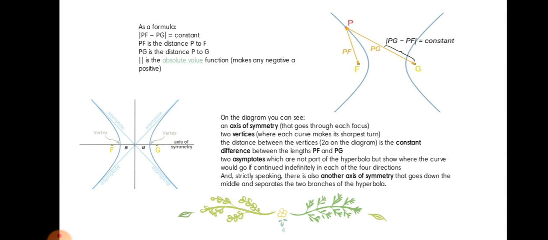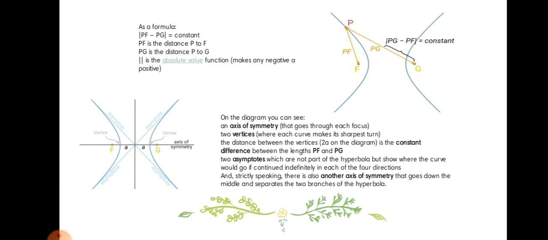On the diagram, on the left side, you can see an axis of symmetry that goes through each focus, and two vertices where each curve makes its sharpest turn. The distance between the vertices, or 2a on the diagram, is the constant difference between the lengths PF and PG.